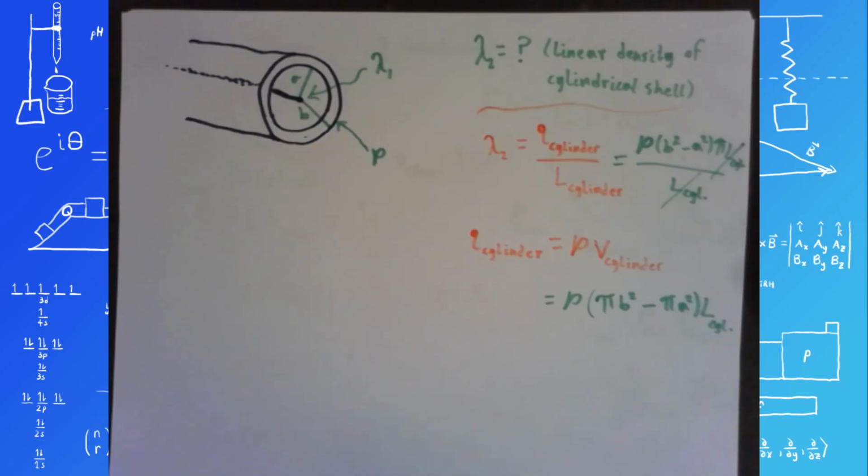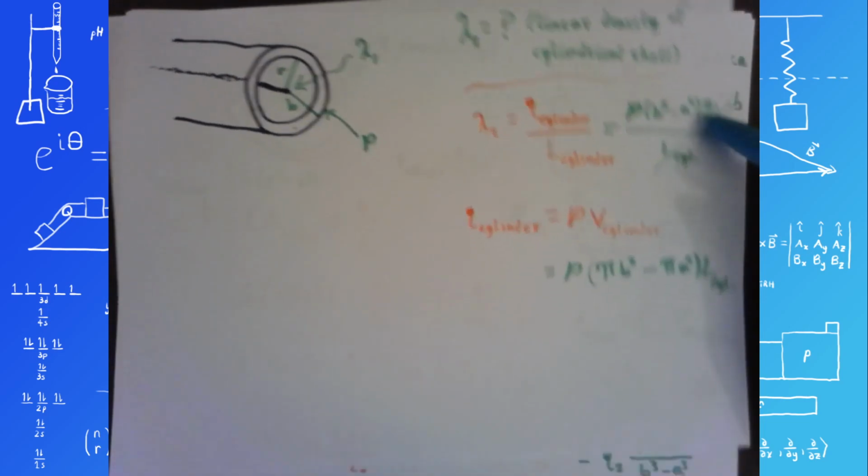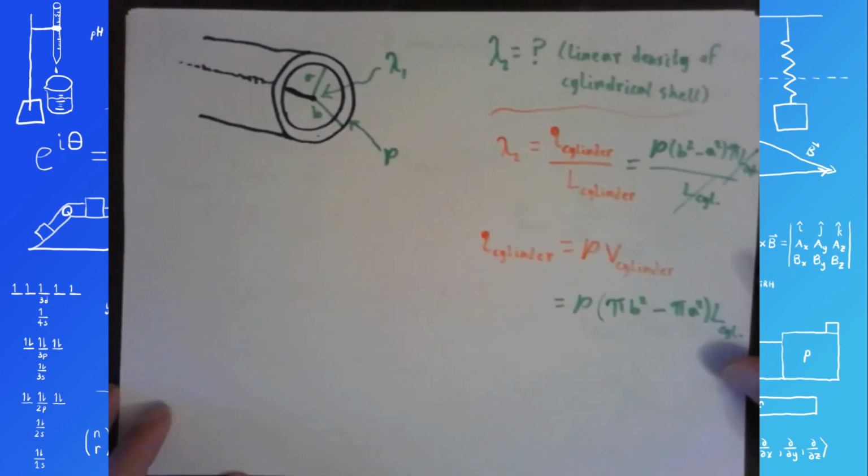Let me see, is there anything else I want to comment on here before I proceed any further? I don't think so. The only other thing I would do is move the pi closer to the front just to make it look nicer.